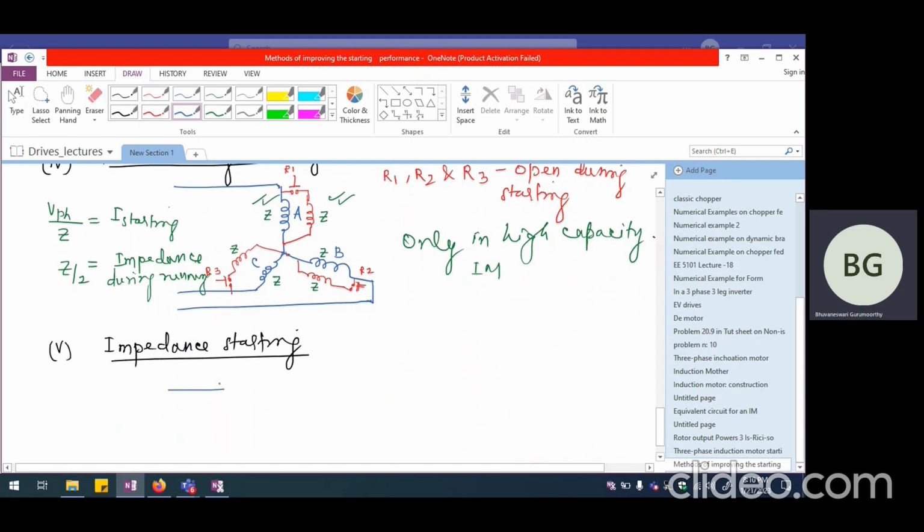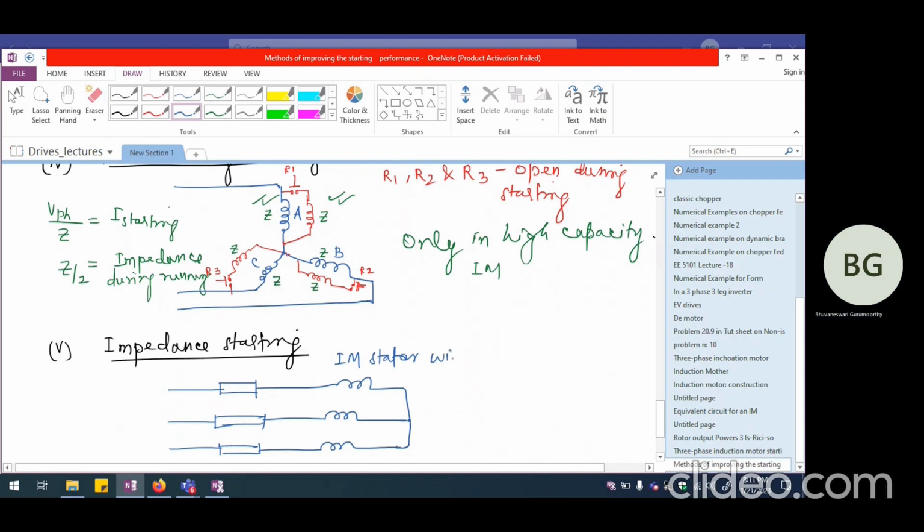The same way, what we do is include an impedance along with the A phase, B phase and C phase winding. So this is the A phase winding, this is the B phase winding, and this is the C phase winding, a star connected induction motor winding I have shown. So this is the induction motor stator winding.